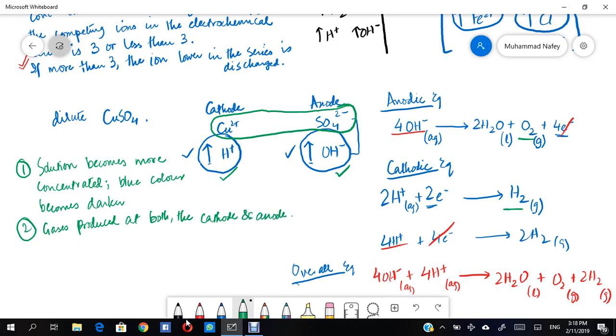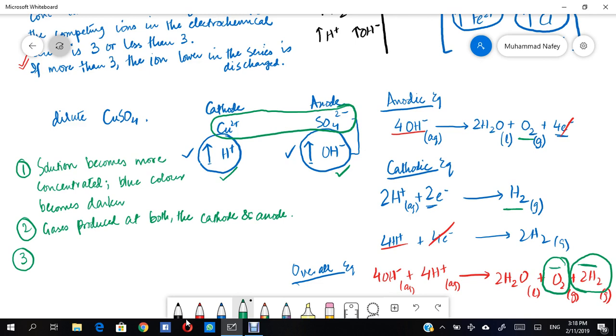Now the third observation is a bit difficult to observe. In fact, it's not difficult to observe, it just requires a very keen eye. Let's take a look at the overall equation now. According to the overall equation, we have two molecules of hydrogen gas being produced for one molecule of oxygen gas. Therefore, the key here is that double the volume of hydrogen gas will be produced as compared to oxygen gas.